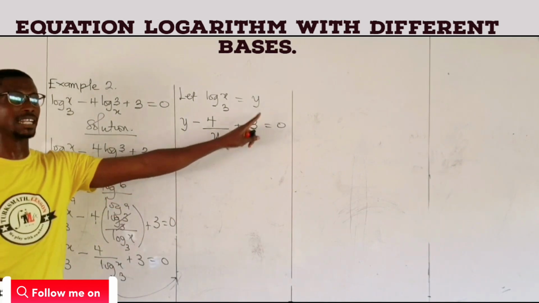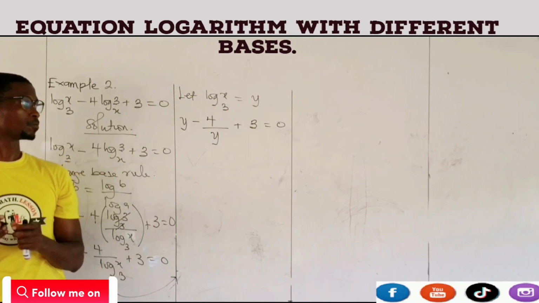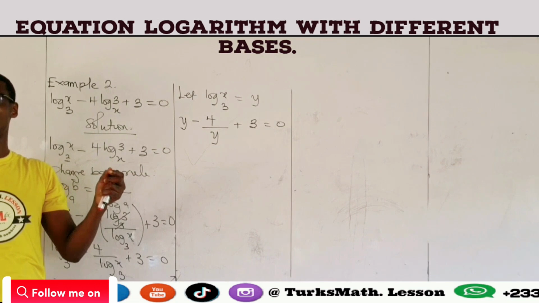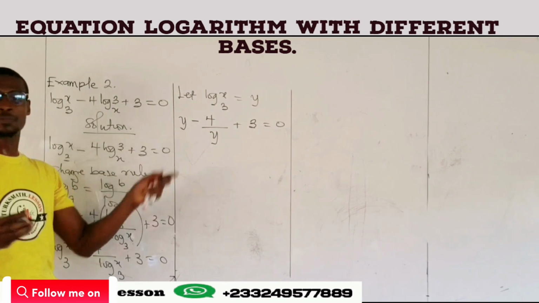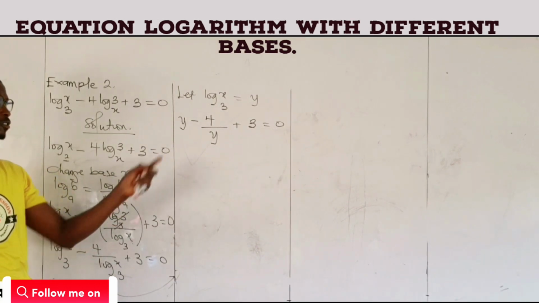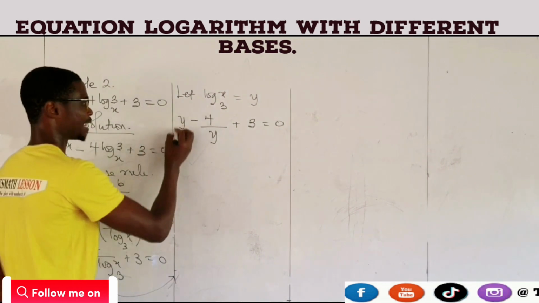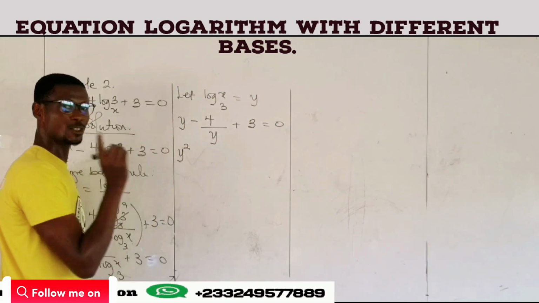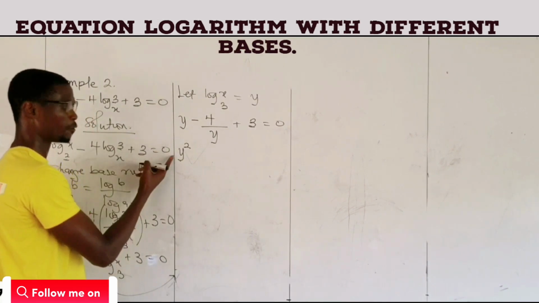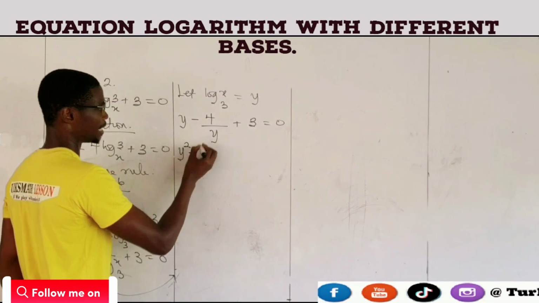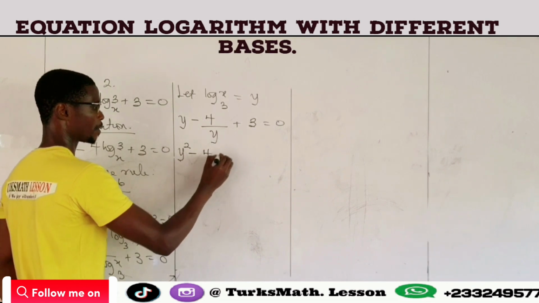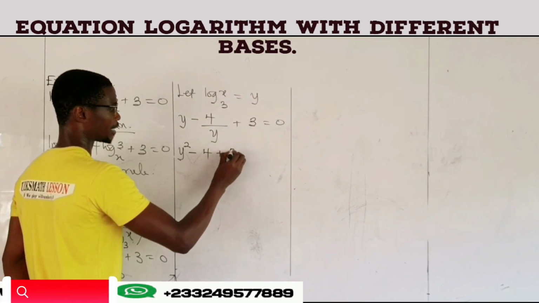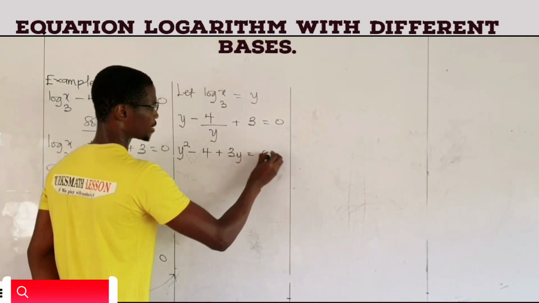We want to make this one linear. So what are we going to do? You have to multiply through by y. When you multiply through by y, you are going to have y squared minus 4 plus 3y equals 0.